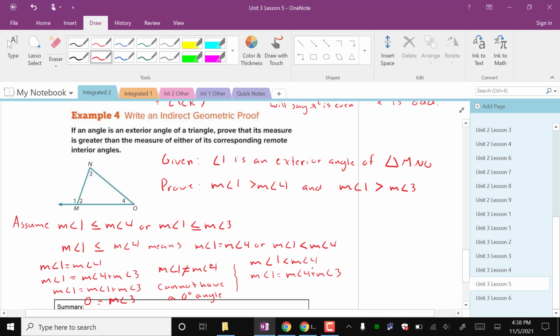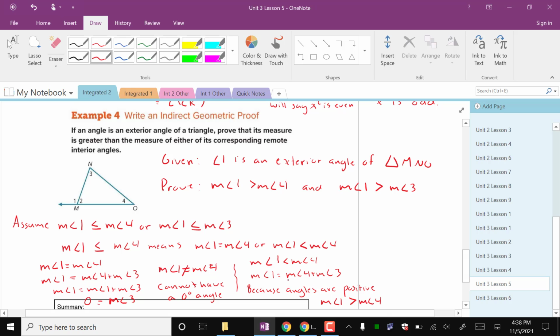So because the angle measures of the triangle are positive, the definition of inequality implies that measure of angle 1 has to be greater than measure of angle 4.